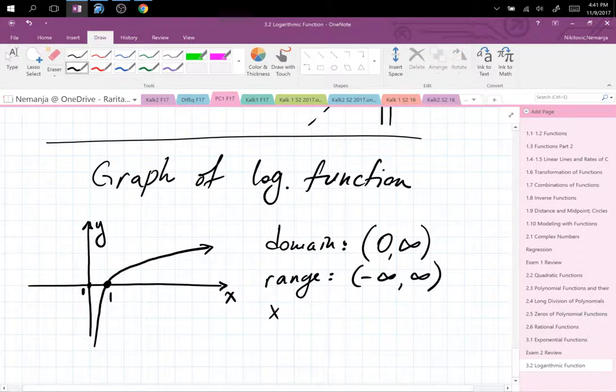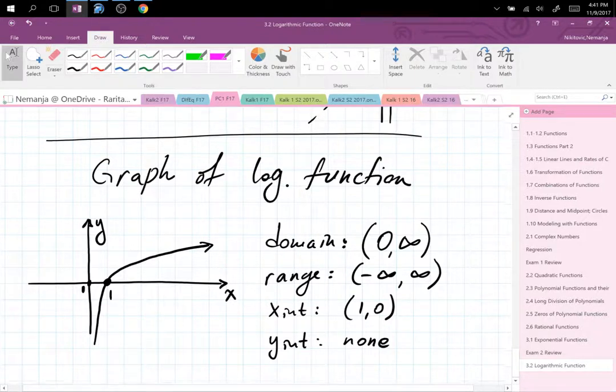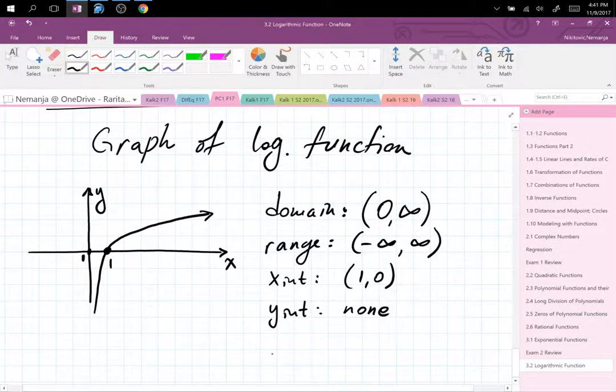How about x-intercepts? 1, 0, it's a point. How about y-intercept? Very good. Do we have any vertical asymptotes? Yes, what's the equation for the y-axis?